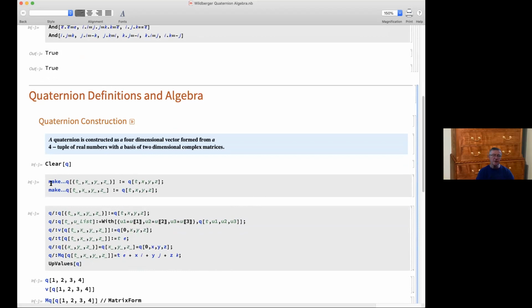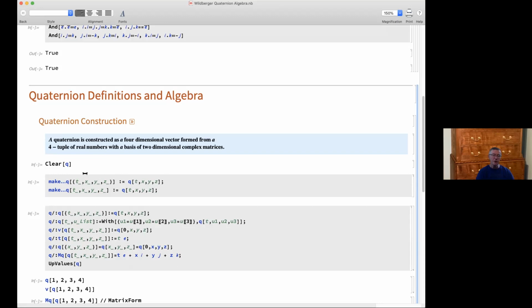And so I use this construction, make 3 ellipses Q, as I've used in the past for making other objects that will only be defined through their application, not through what they mean, because they are what they are. Okay.